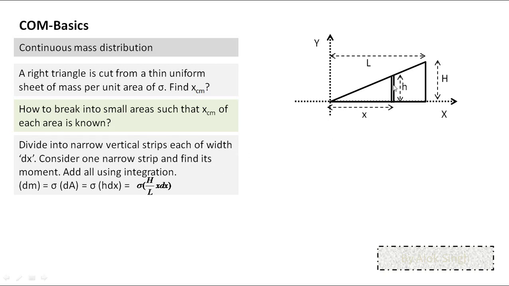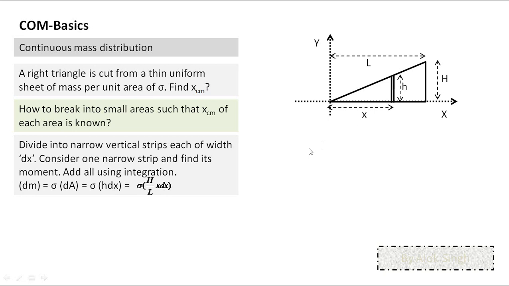If we take one narrow strip, do we know the x coordinate of the center of mass of this strip? Yes, we do, because if the strip is at a distance x from the y-axis, all points on the strip have the same x coordinate. Hence the entire mass of the strip can be placed at one point.